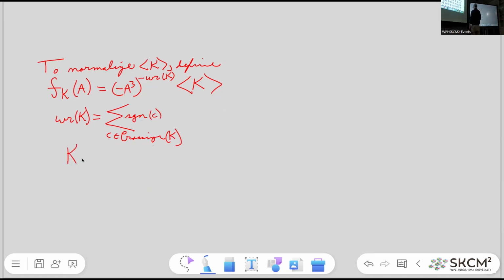K is oriented. So instead of taking an unoriented diagram, I take an oriented diagram, and I'm using the crossing signs.